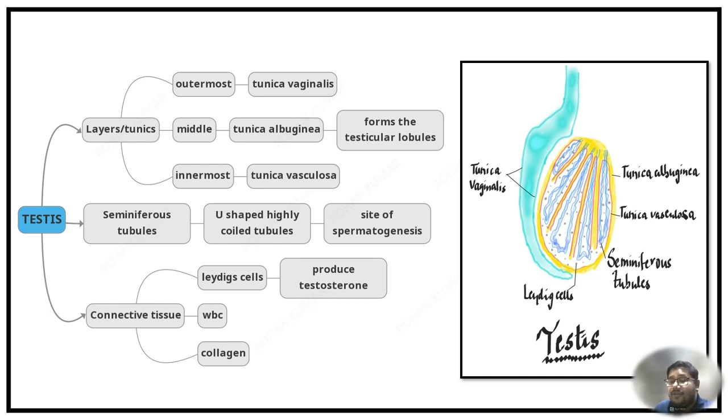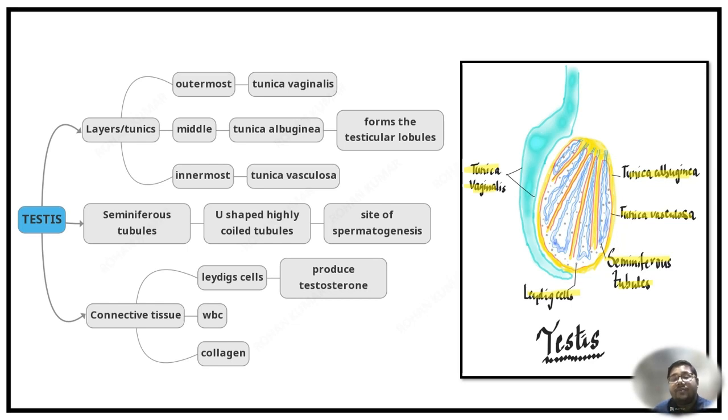The tunica albuginea is of yellow color, which is a very important layer forming the testicular lobules. And the seminiferous tubules are there. And do not forget this layer, which is the innermost layer, the tunica vasculosa. So three layers: tunica vaginalis, tunica albuginea, tunica vasculosa, seminiferous tubules, and Leydig cells. This all forms the testis. So this is all what you need to know about testis.